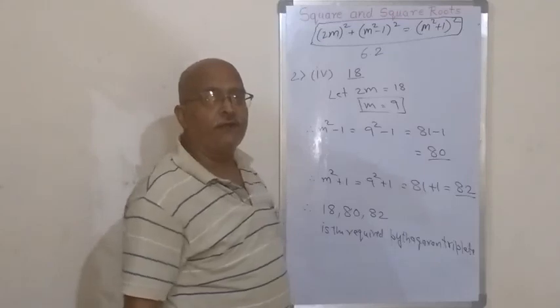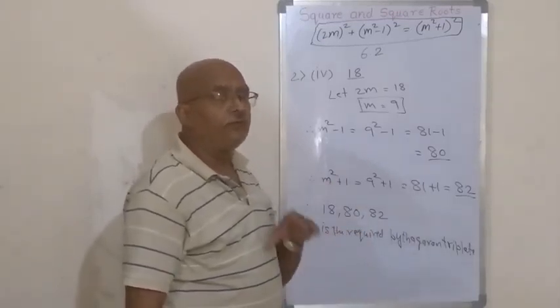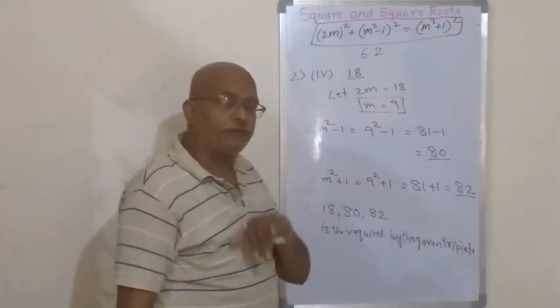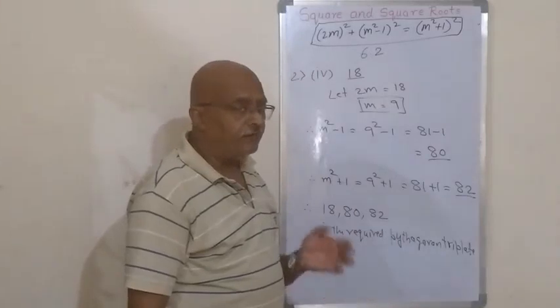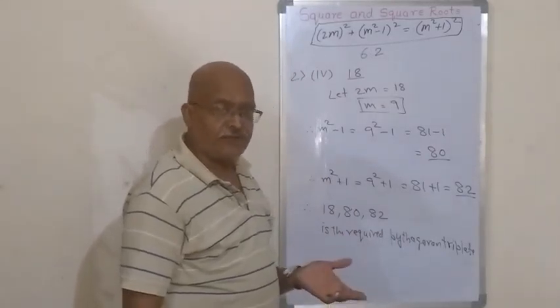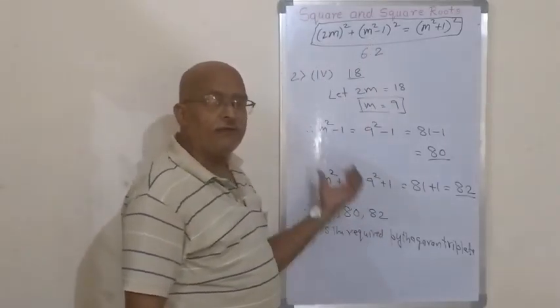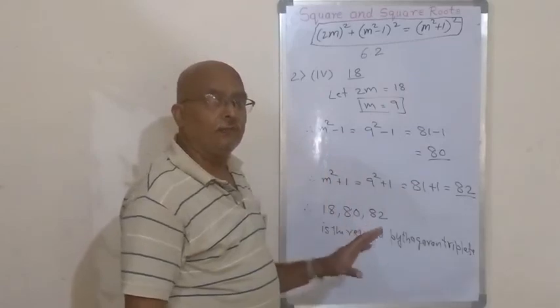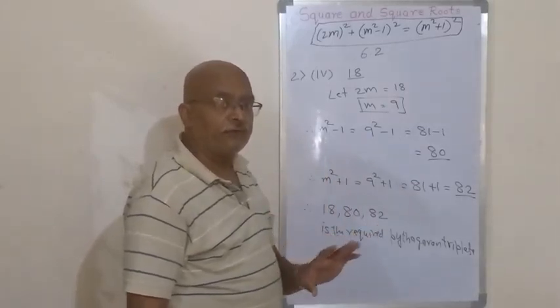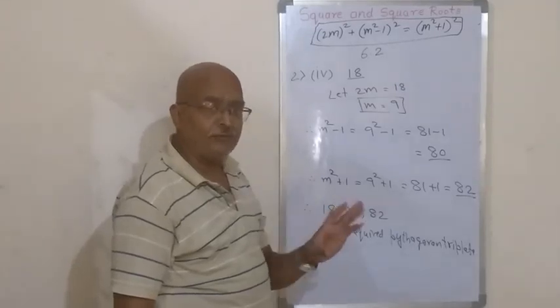How we can find out the square root of the given number, whether that number may be a perfect square or may not be a perfect square. We will get the answer in decimals, it's okay, but we can find the square root of any number, whether it is a perfect square or not.